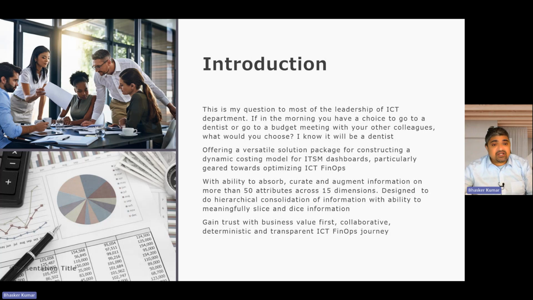Then it gives you the opportunity to slice and dice data at any granularity. It will guide you to do it meaningfully. With this dashboard, I'm confident that you will gain the trust of your partners and stakeholders as a C-level or leadership-level person operating in the space of ICT delivery. Whether you are from the IT side or the finance side doesn't matter. This will definitely add value to your day-to-day operations.